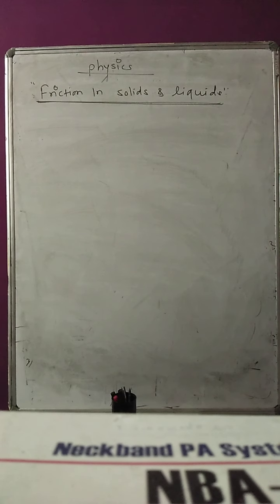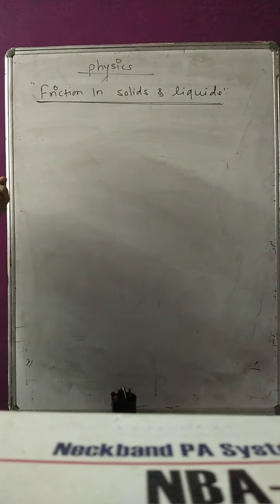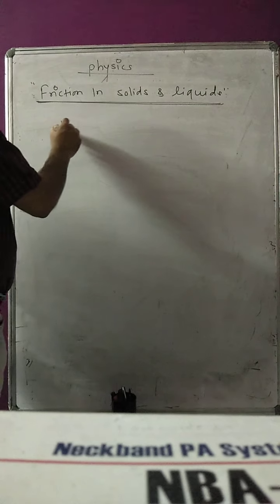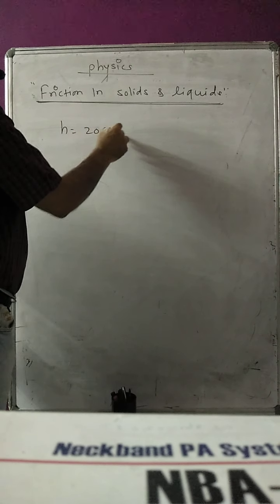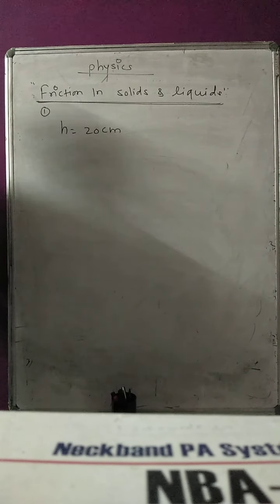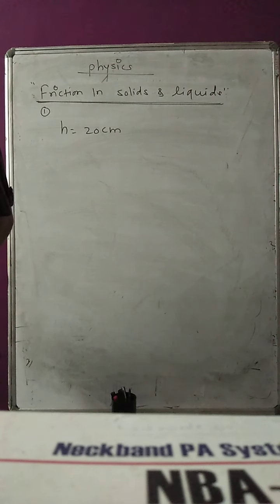The first example: calculate the pressure exerted by a mercury column of height 20 centimeter.